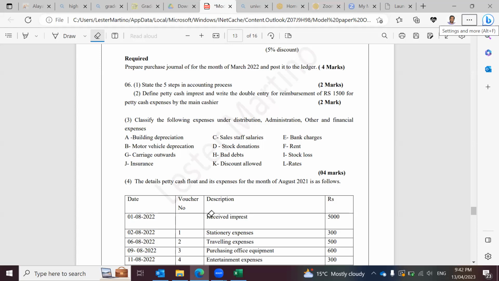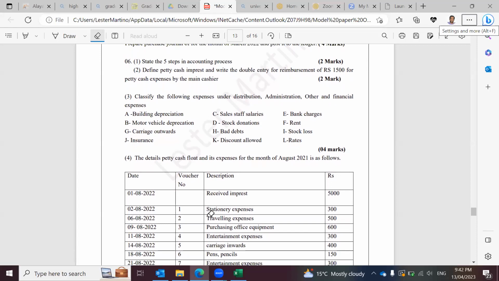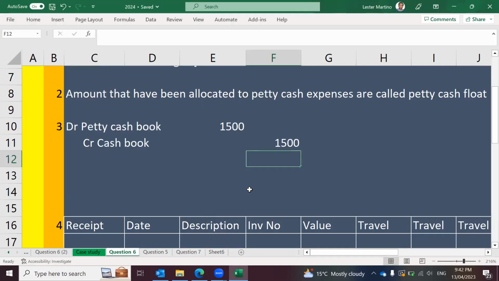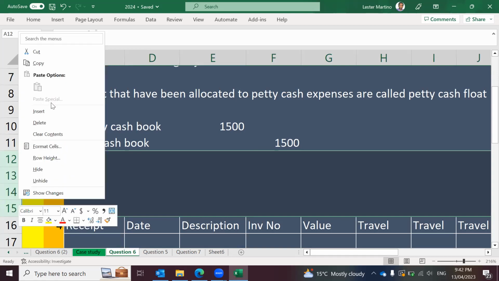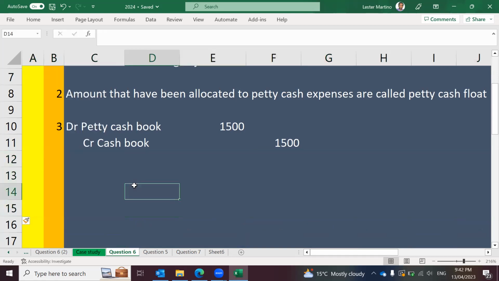Classify the following expenses under distribution, administration, and other and financial expenses. Just provide the alphabet letter.